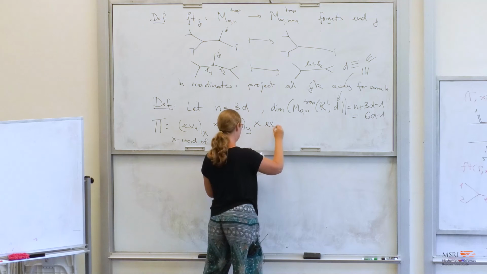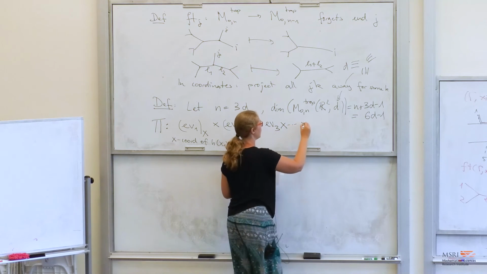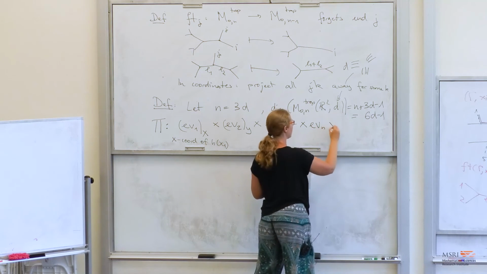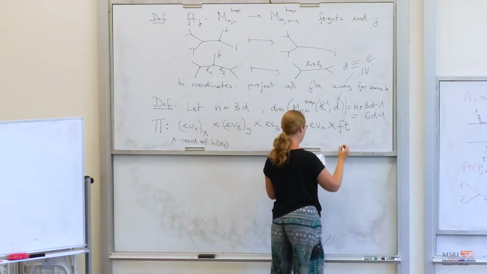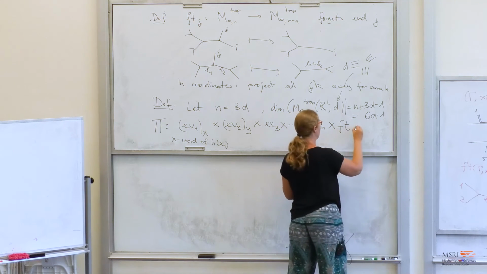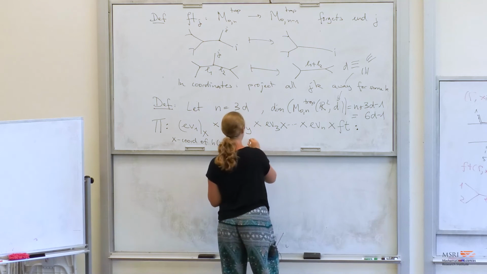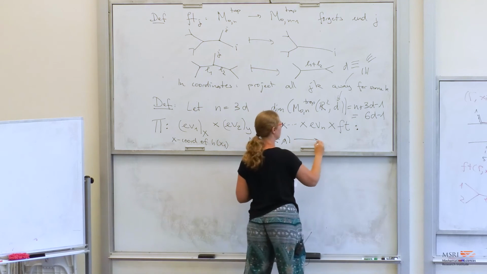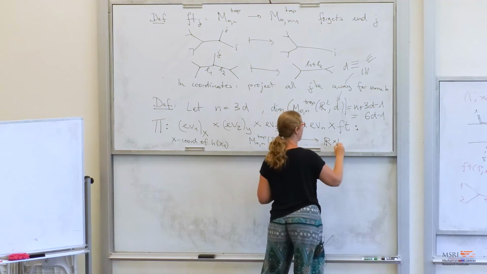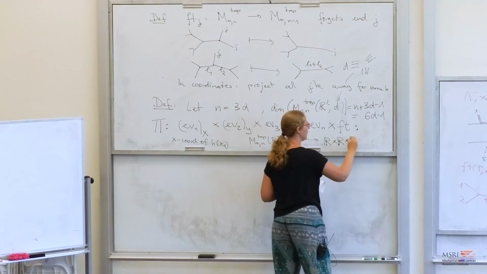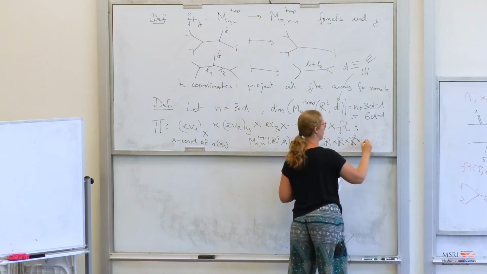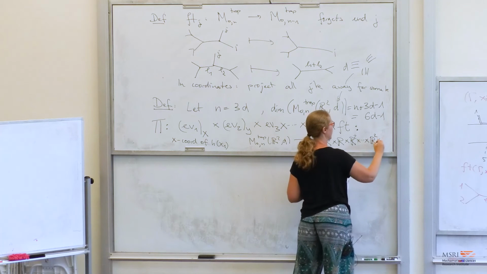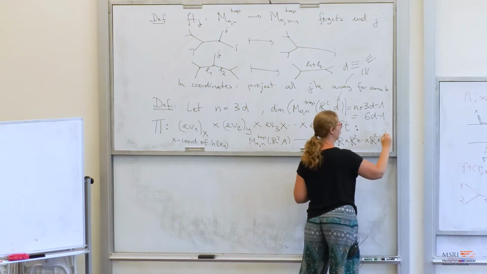Then it evaluates both coordinates for the remaining points. And then it forgets everything but the 4 marked points. So this map goes from M0n trop R2 to D to R times R2 times and so on times R2 times M04 trop.